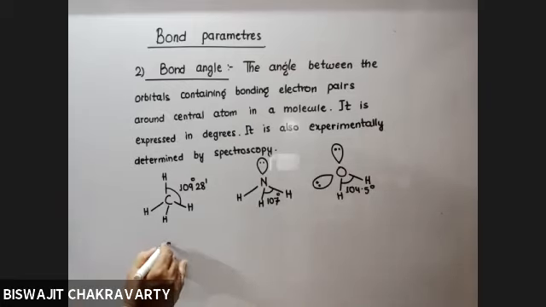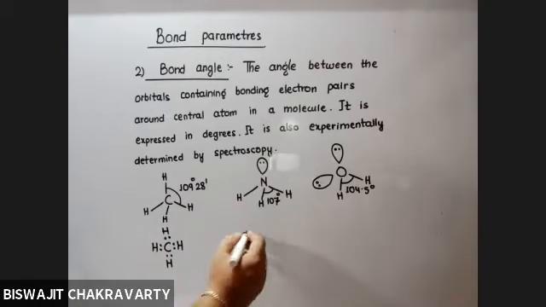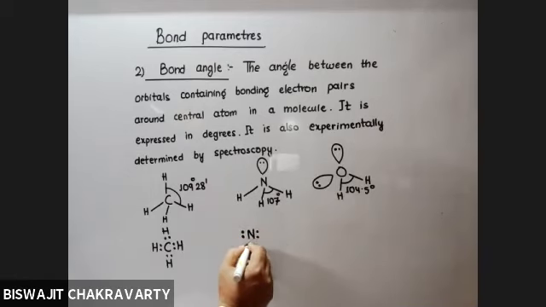Because when I write the Lewis dot structure of methane, it is somewhat like this. So the carbon is surrounded by 4 pairs, yes or no? Yes, sir. When I draw the Lewis dot structure of ammonia, the nitrogen is also surrounded by 4 pairs.